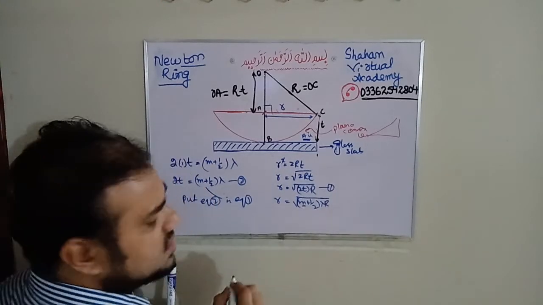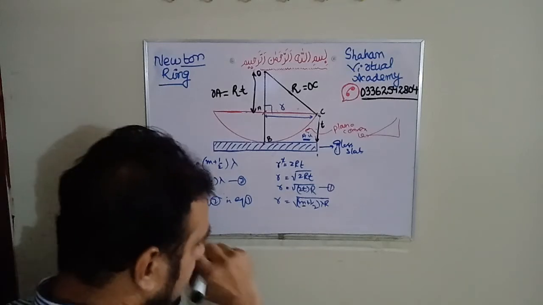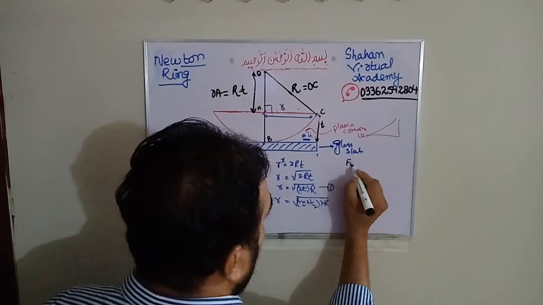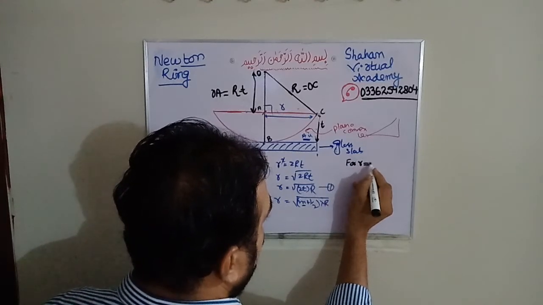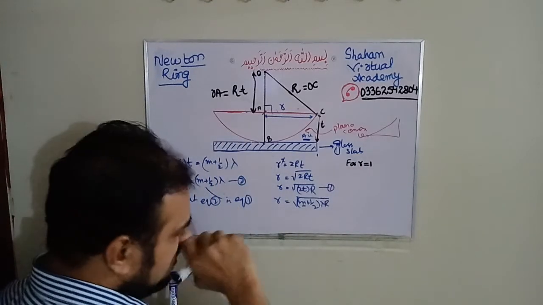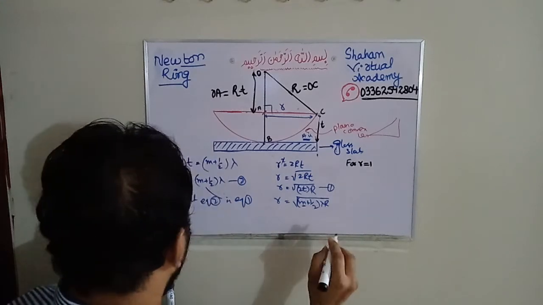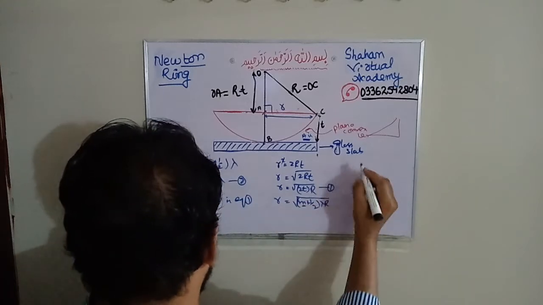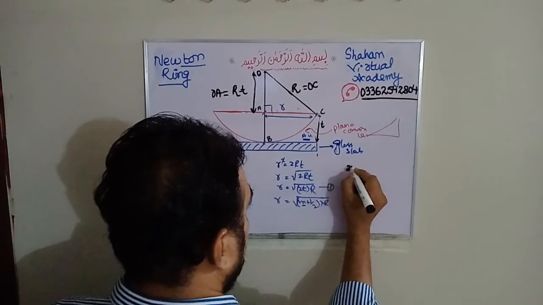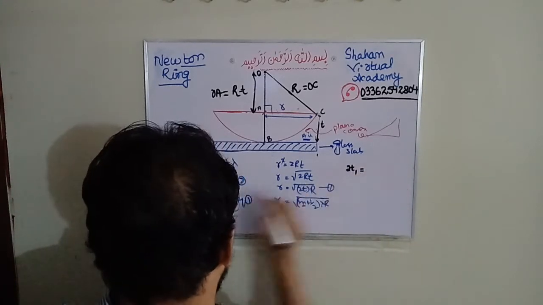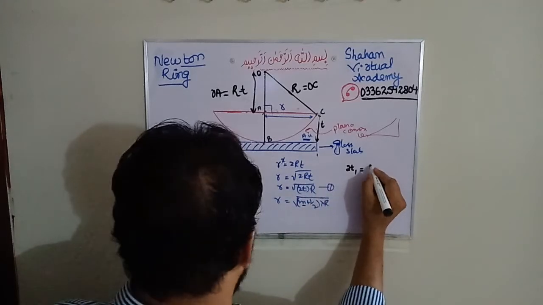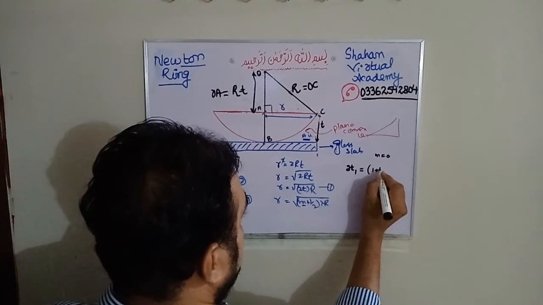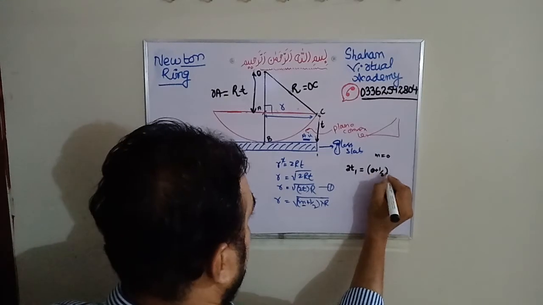For the value of m, constructive interference, when we go for the first ring, let's go for 2t1. We just put the value m equals 0, so 1 plus 0 plus half lambda.